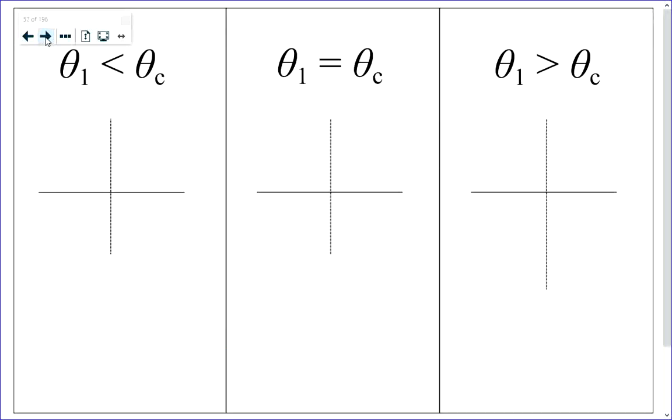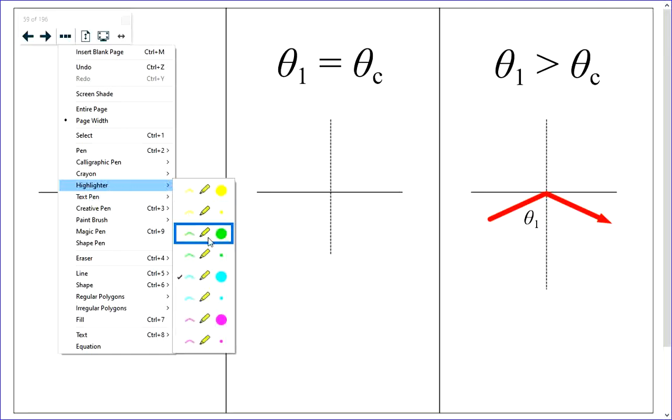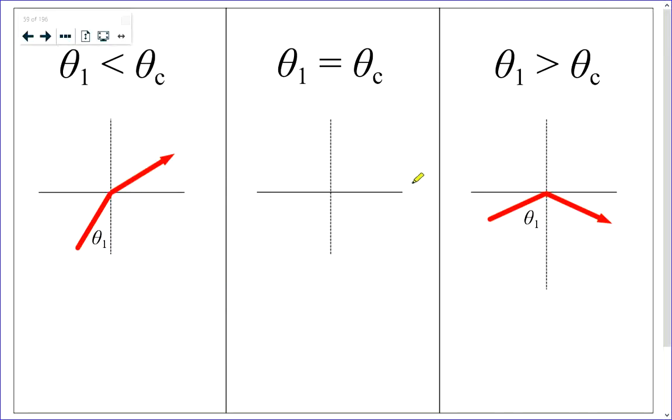So if theta 1, which is the angle of incidence, is smaller than the critical angle, then you are going to get refraction, and it will be away from the normal because the light is traveling into a less dense medium. If the angle of incidence is more than the critical angle, then you're going to get total internal reflection. This line that I'm highlighting is the interface or boundary between the two media.